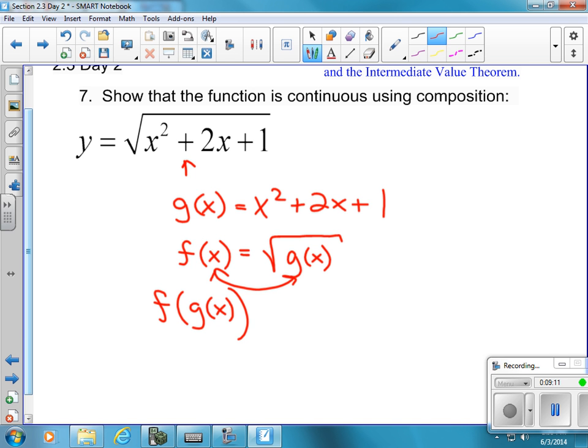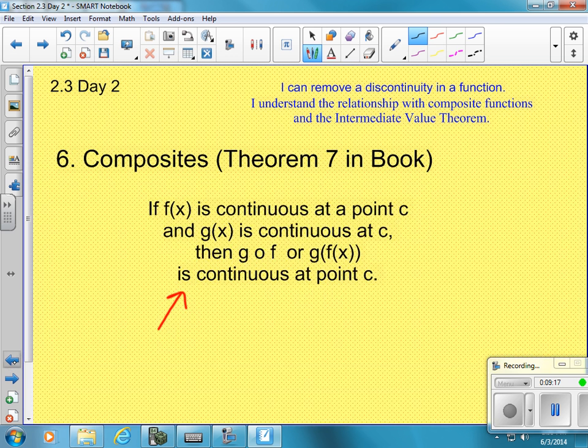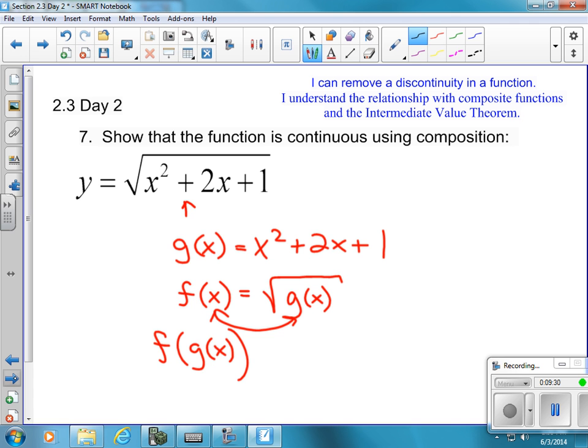All right, so what this says is that our theorem, this number 7, and our numbers don't make any difference in this book. That could be theorem 2500. But what it says is that if the two functions are continuous, then the composite is continuous. So this polynomial is continuous.